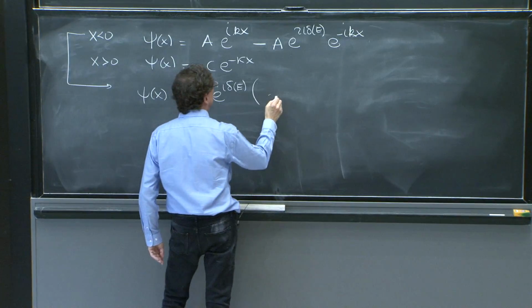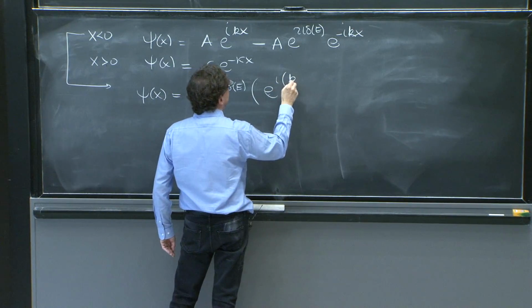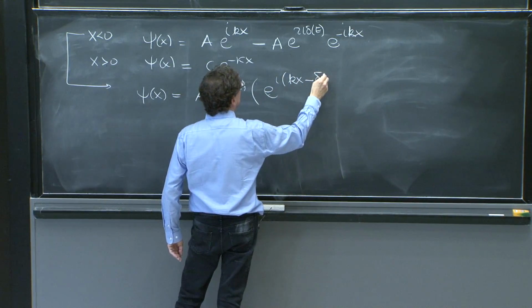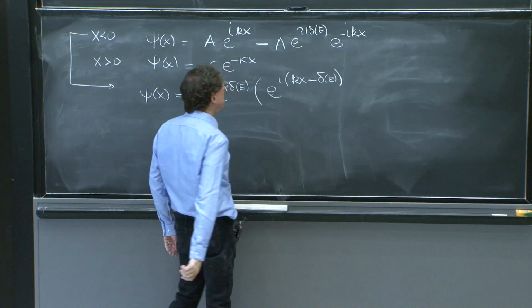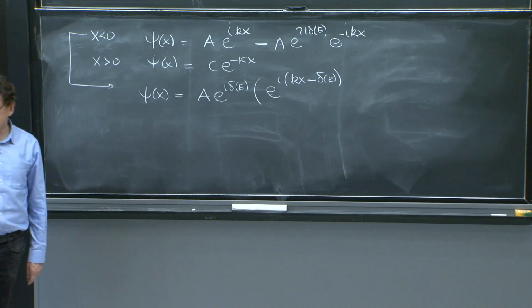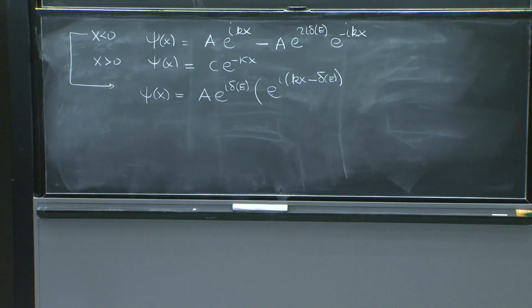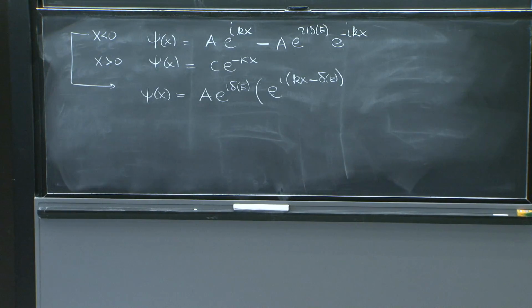In that way you get e to the I kx minus delta of e from the first term, where the two delta appearances cancel each other because the first term didn't have a delta.